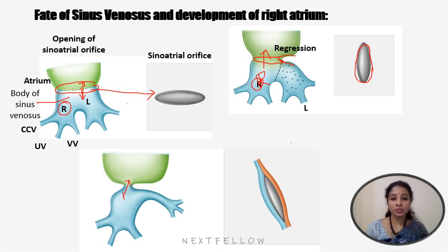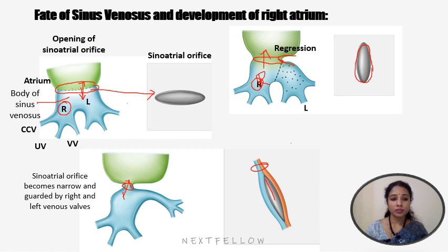This is the sinus venosus and atrial opening, and it becomes oblique here, and here we can see approximation to form the septum spurium. So the sinoatrial orifice becomes narrow and is guarded by the right and left venous valves.